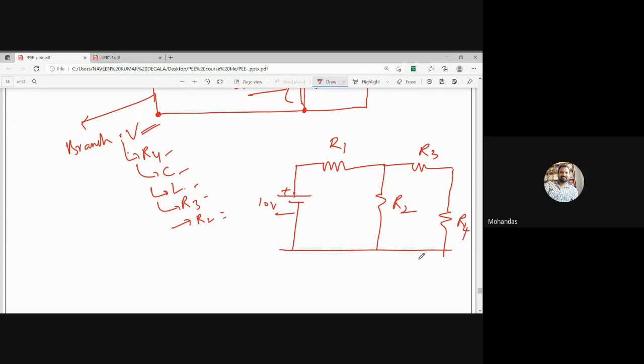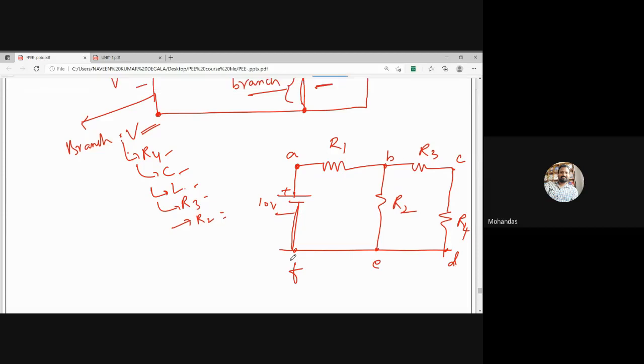Now what is a loop here? Any closed path. So let me label A, B, C, D, E, F. Can anybody tell me how many branches are here? Please respond. How many branches are here?